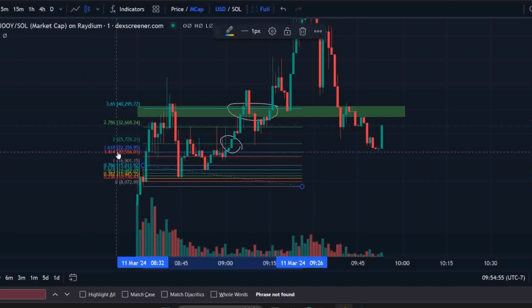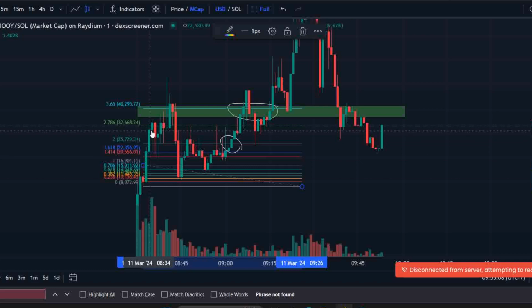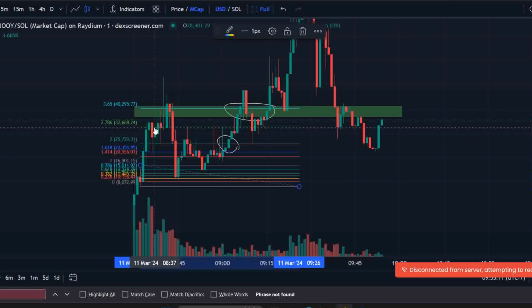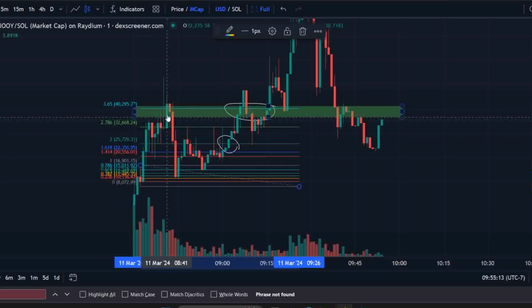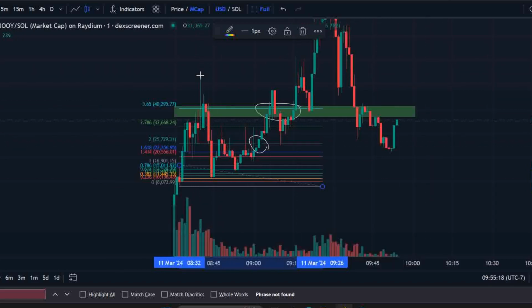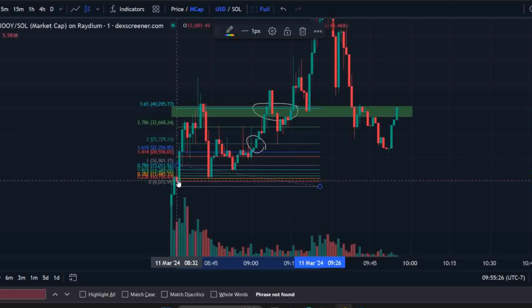And as I said in my previous videos, usually you can track how far it's gonna go before the big sell-off, and then usually somewhere between the 2.786 and the 3.65, and this could be anything up to 100,000. Sometimes this whole structure goes up to 100k market cap and then does this, but you can get in somewhere here.